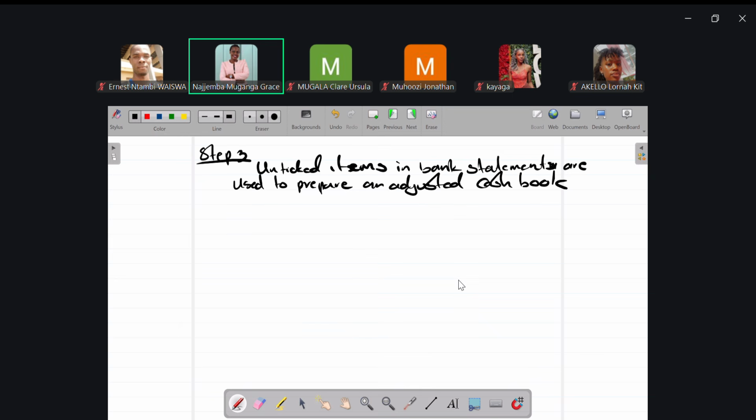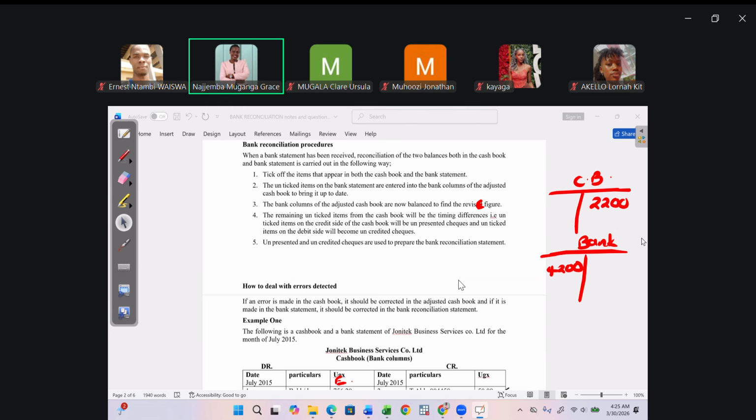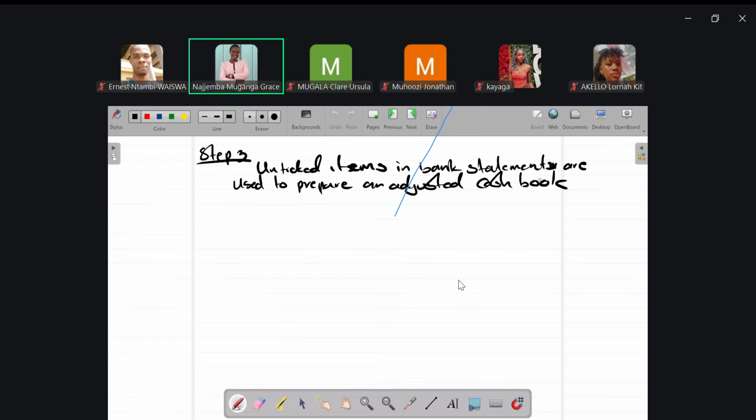So what do we do? You use them to prepare the adjusted cash book. Are we together? The unticked items in the bank statement are posted in the adjusted cash book.